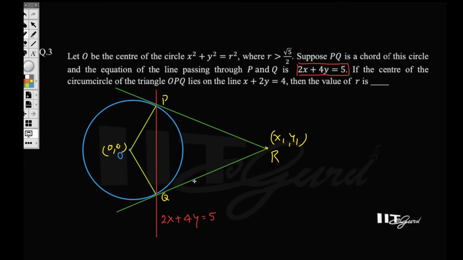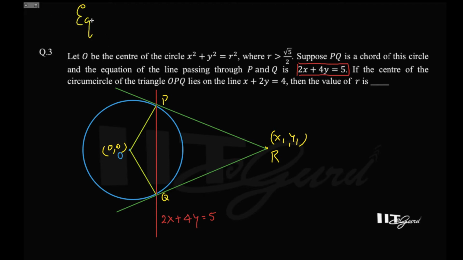Let me write the equation of the chord of contact PQ. If you get the idea of the chord of contact, this problem becomes too easy. That is T = 0.